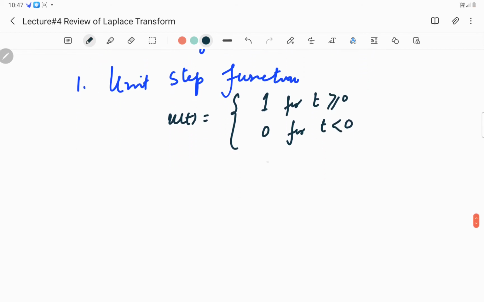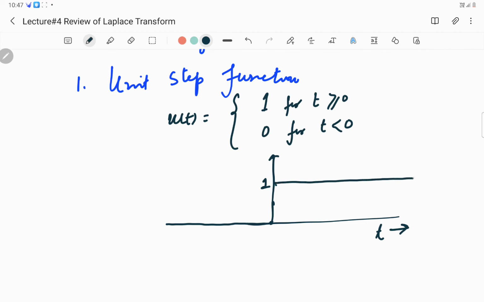So mathematically, if this is the time axis, for t less than 0 it is 0, and for t greater or equal to 0 it is 1. So this is a line parallel to the time axis. This is our unit step function.